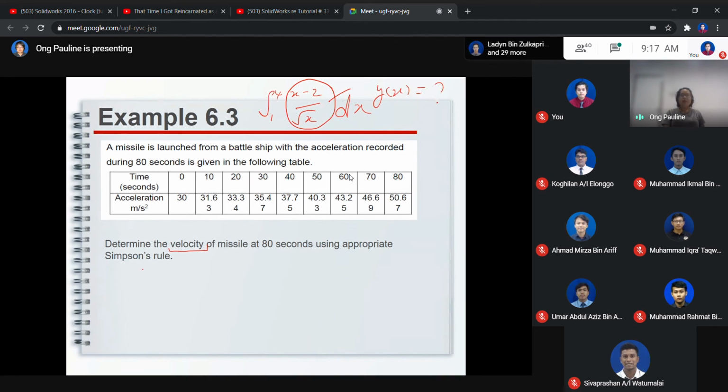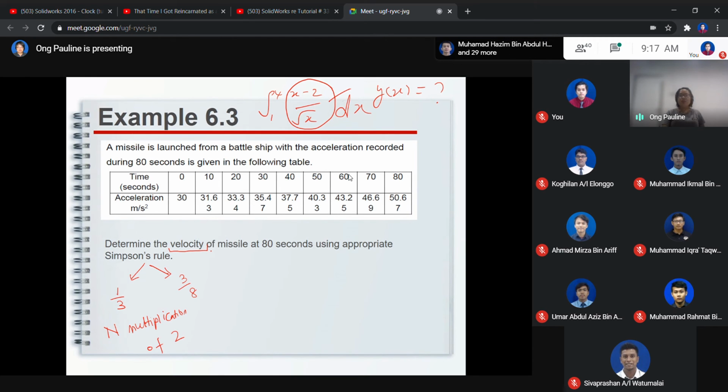Okay, so di sini we only have two Simpson's rules here. So the first one is the 1/3 rule, and the second one is the 3/8 rule kan. Okay, so what is the difference between the Simpson's 1/3 and 3/8? Okay, so you should know that in order to make use of the Simpson's 1/3, okay, n must be a multiple of 2, right?